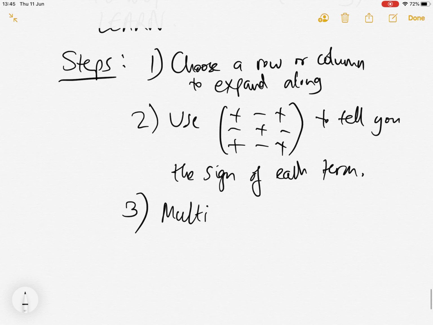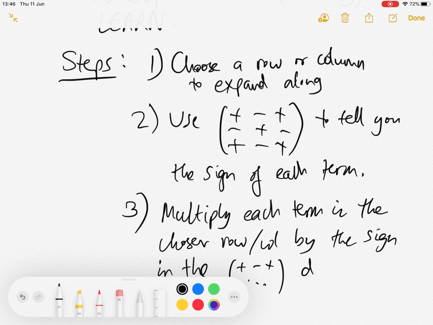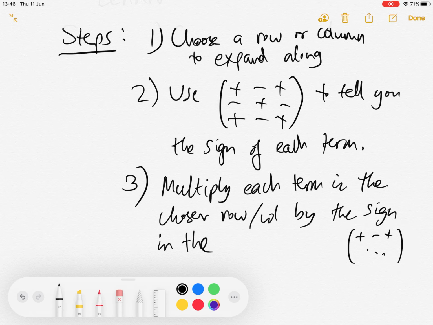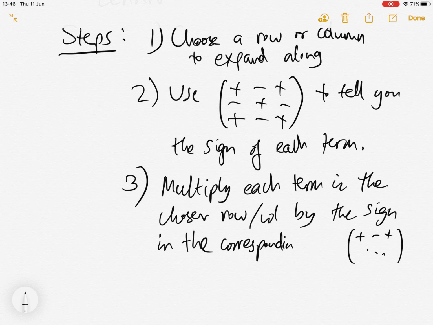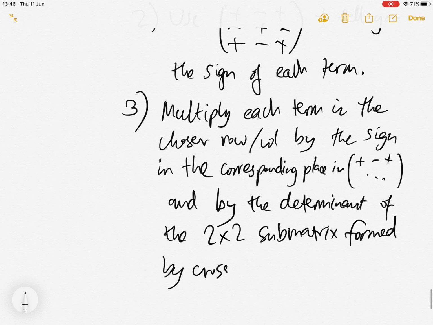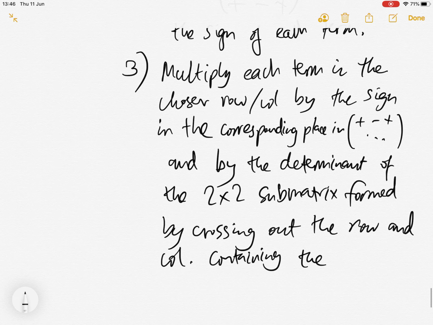So you multiply each term in the chosen row or column by the sign in the corresponding place in this plus minus plus matrix, and multiply by the determinant of the 2x2 submatrix formed by crossing out the row and column containing the entry.